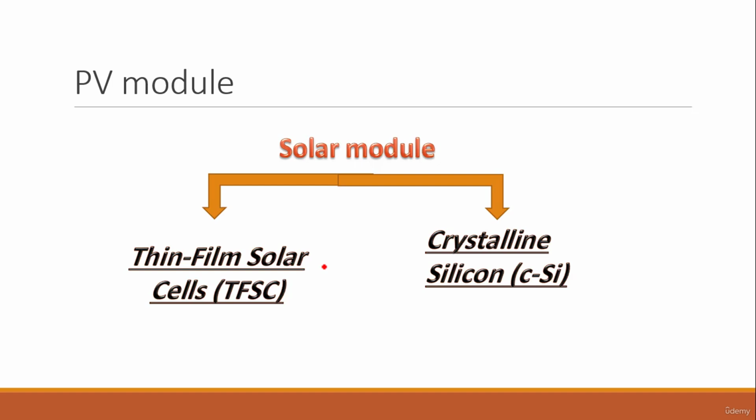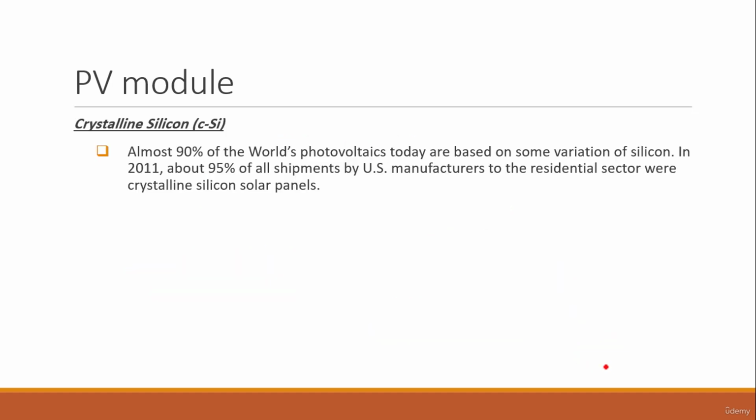In the crystalline silicon, there are two main types: the monocrystalline silicon and the other type is polycrystalline silicon. Let's understand the crystalline silicon.